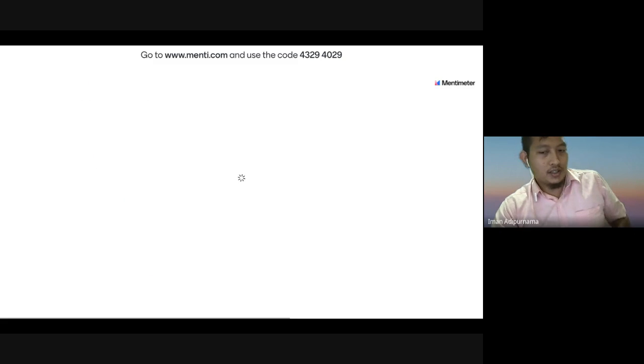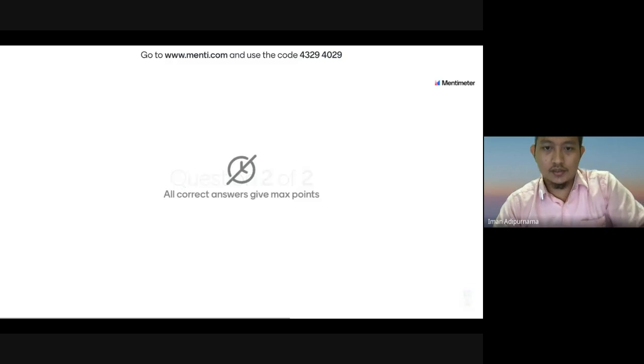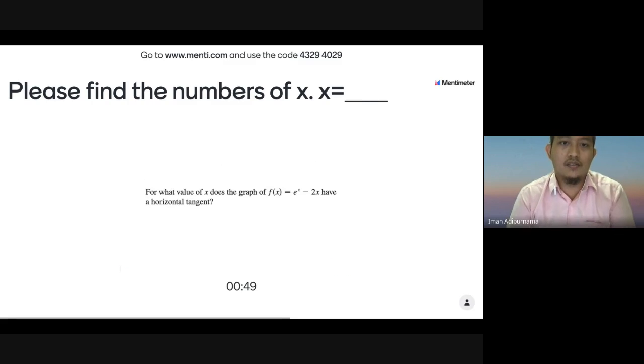If you are ready, 3, 2, 1. You need to write the answer, just the number. Remember horizontal tangent. What is a horizontal tangent?